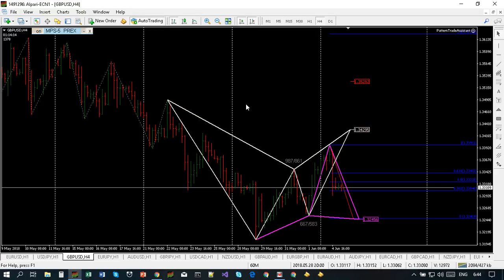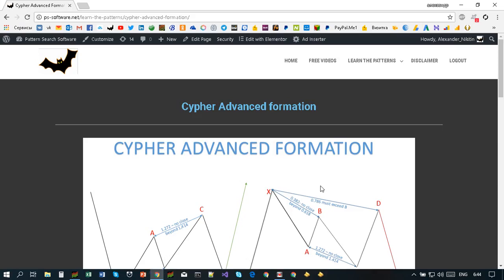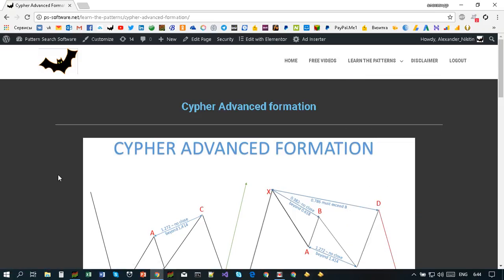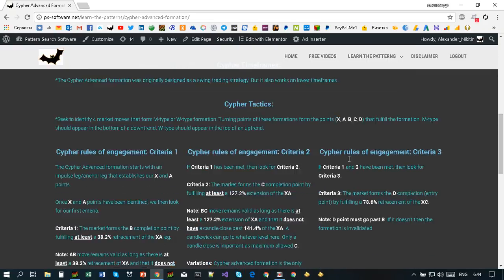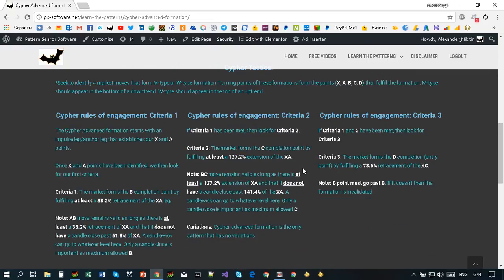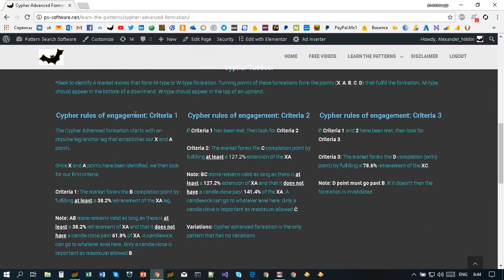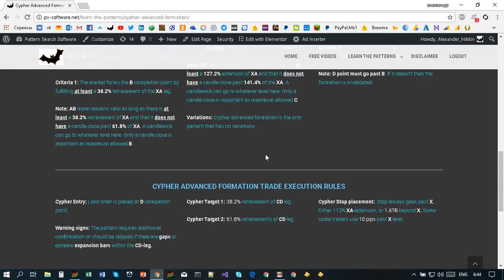Then you should compare these swings, how they are related to each other, with special Fibonacci ratios. And you can have an absolutely free trading course if you go to my website www.mps-software.net. Click this Learn the Patterns tab, choose the pattern that you are interested in. As we are talking about the cypher formation, this page of the cypher formation is an illustration to this trading course. So you have criteria 1, criteria 2, criteria 3, how to exactly identify this pattern.